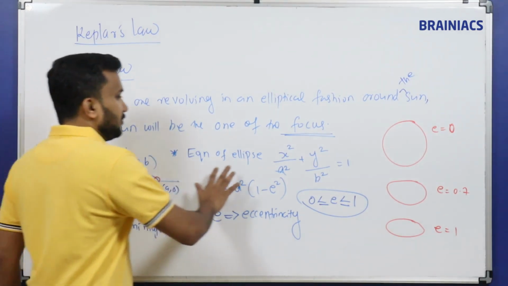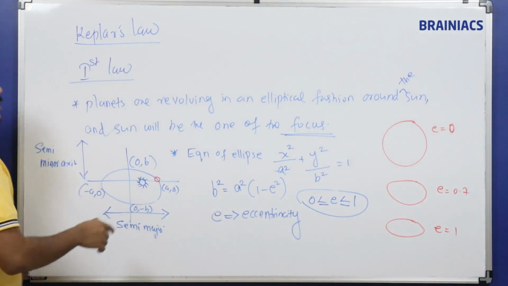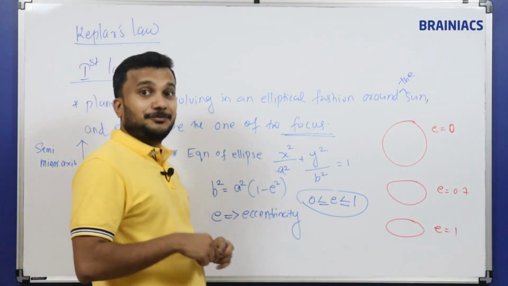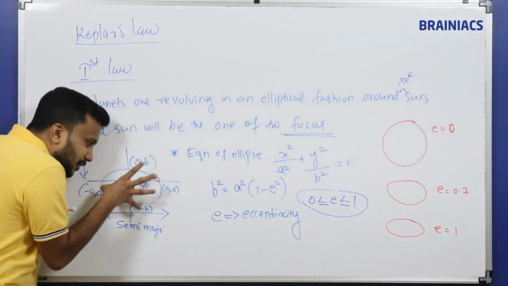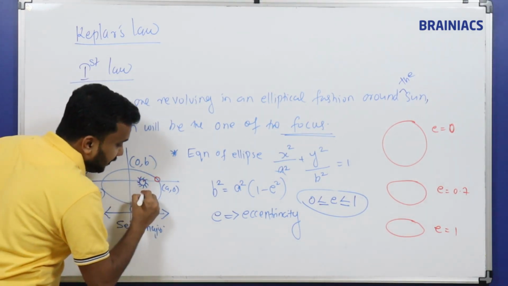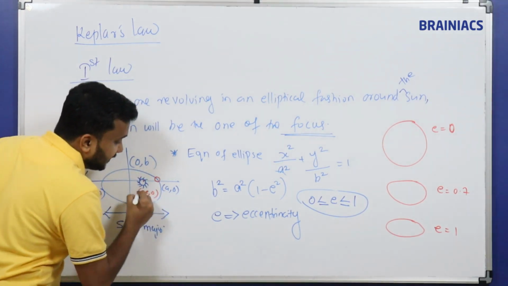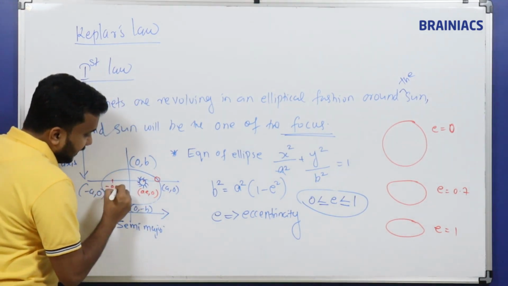Hope this is clear to you. And the sun is located at one of the foci. Now if you want to make the ellipse into a circle, you have one point here, and this point is (ae, 0). This is called the focus. Here also you have (-ae, 0).